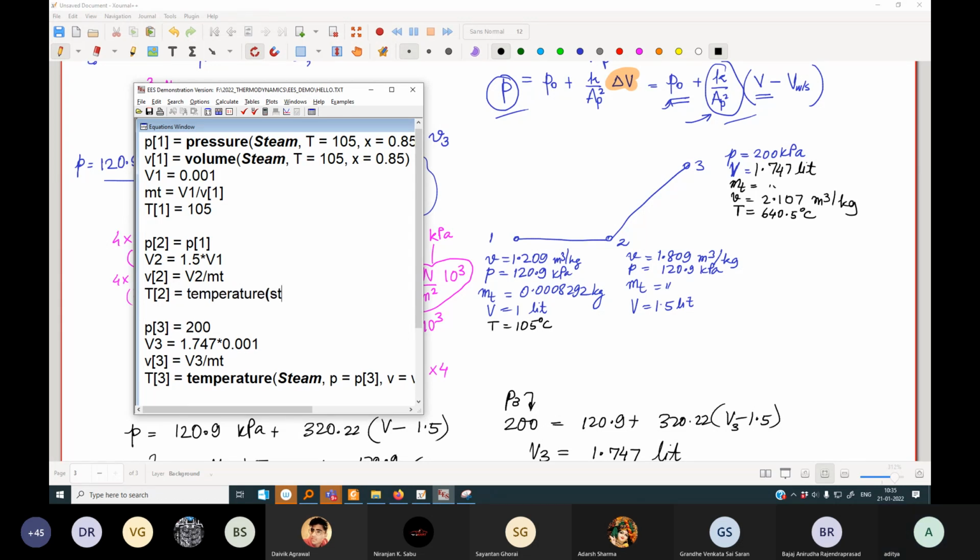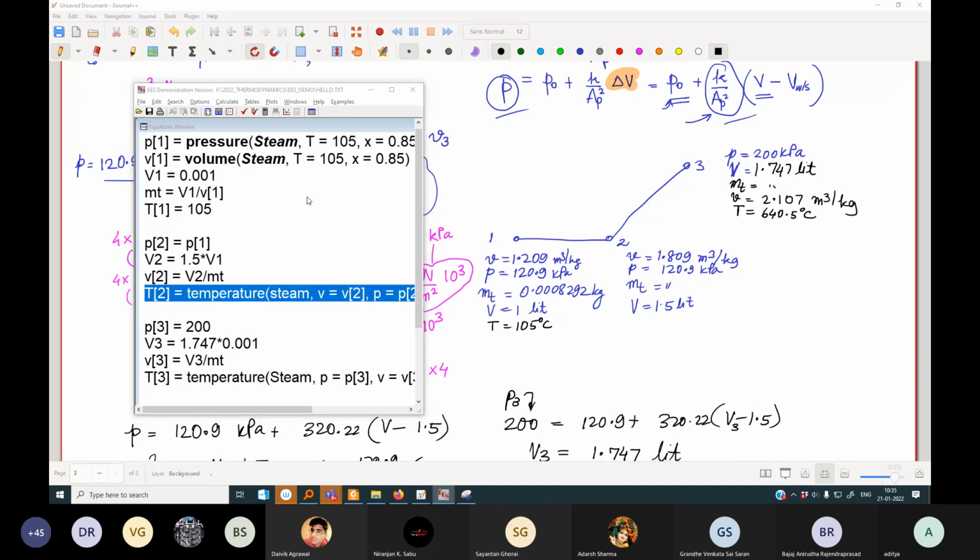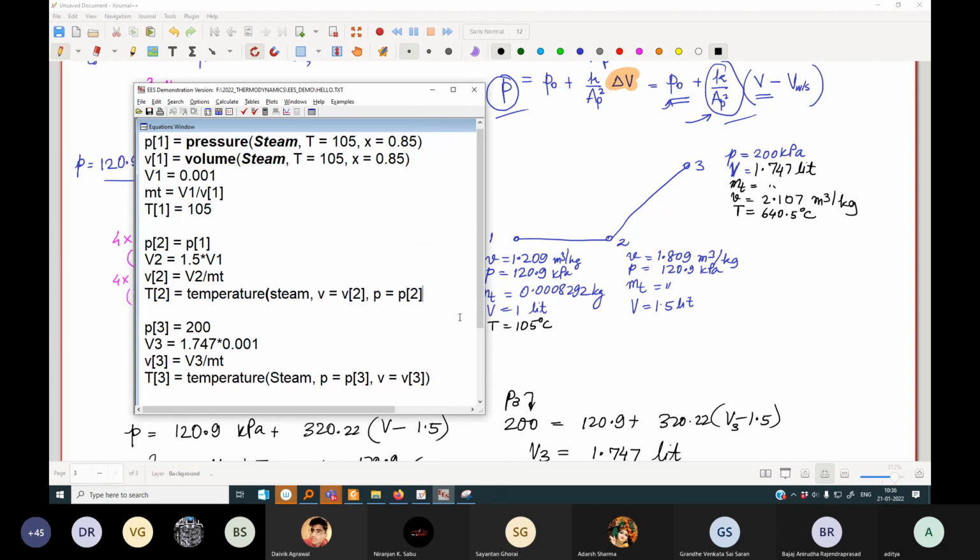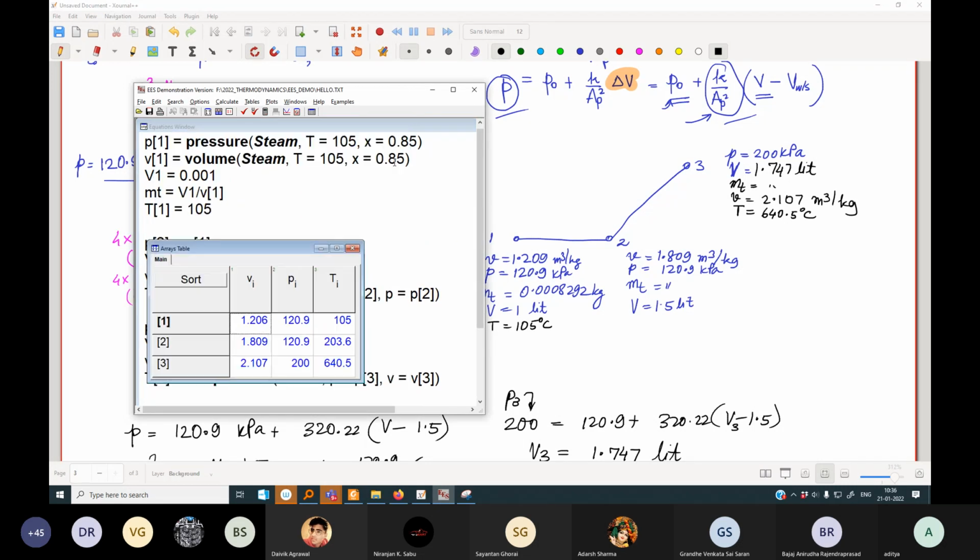Temperature, steam, V equal to V2, P equal to P2. The temperature at point 2 comes out to be 203.6 degrees Celsius.